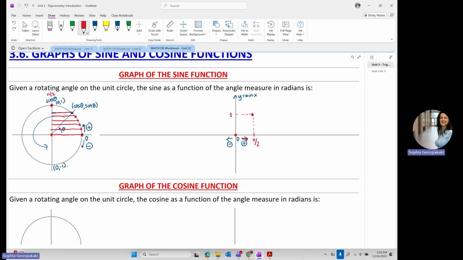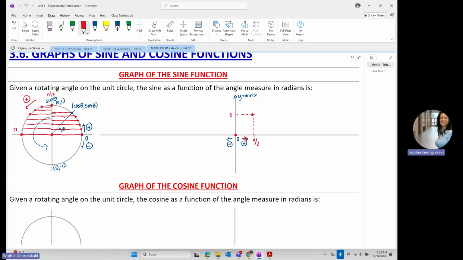But then when I pass pi over 2 in my rotation and I keep moving in the positive direction on the circle, my sine is still positive, but it decreases. And it decreases until I hit pi, in which case the sine at pi is equal to 0.